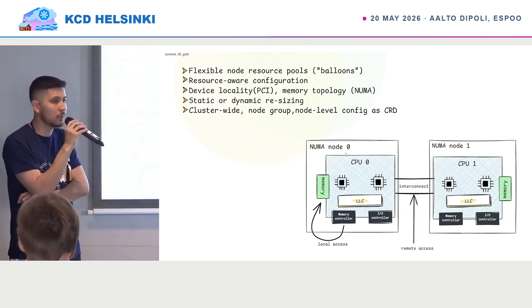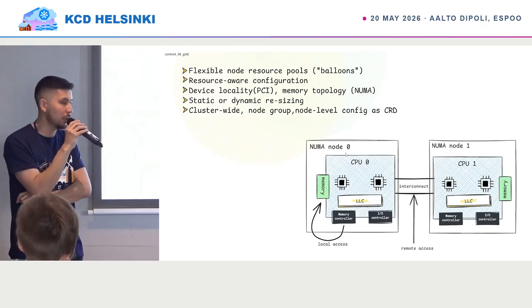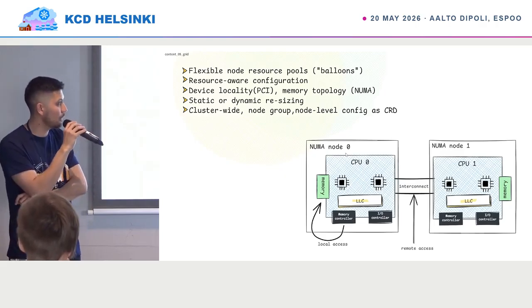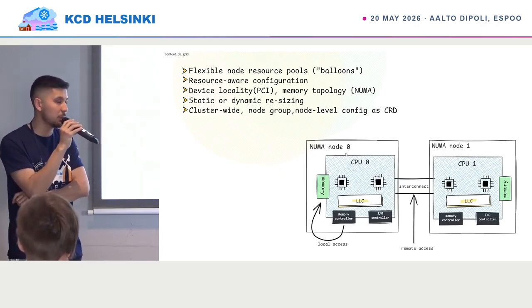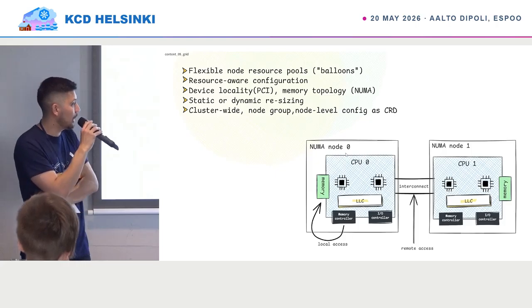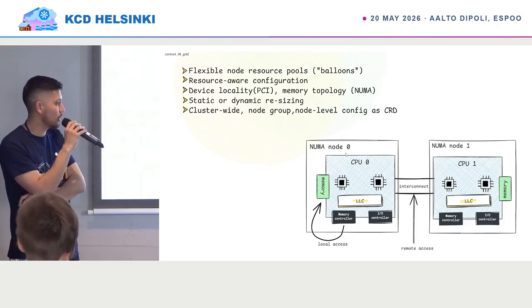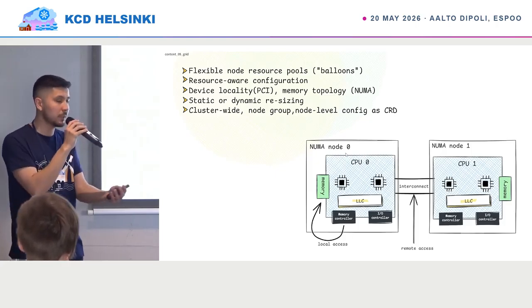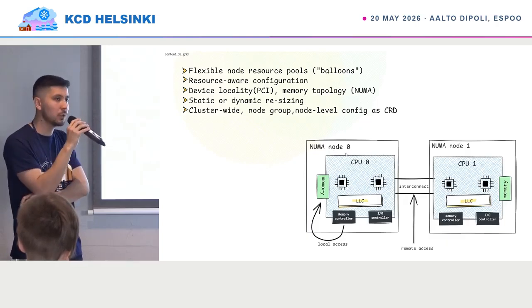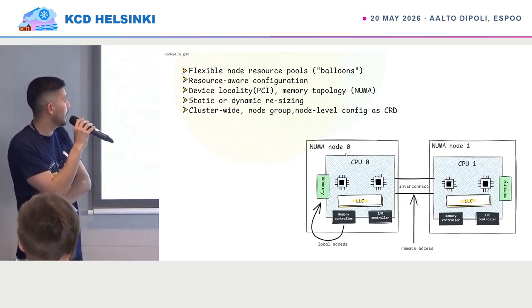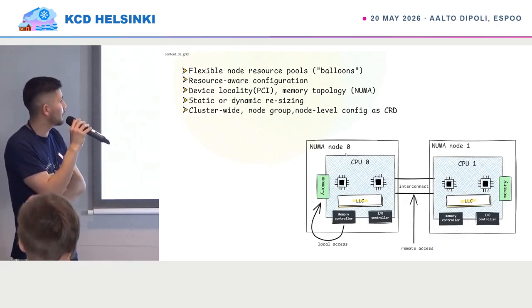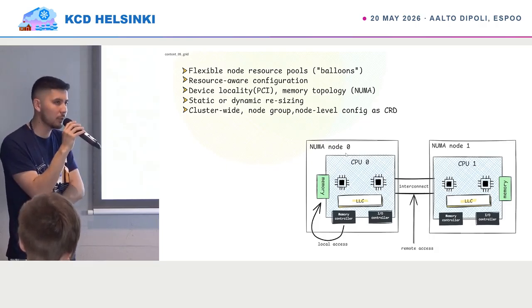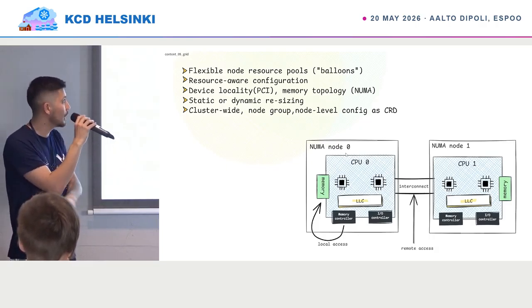You have CRDs, so you can configure the balloons policy itself in the format of custom resources. Whenever you apply the configurations, they could be cluster-wide, per node, or node group configurations, so you could apply them to more than one node.